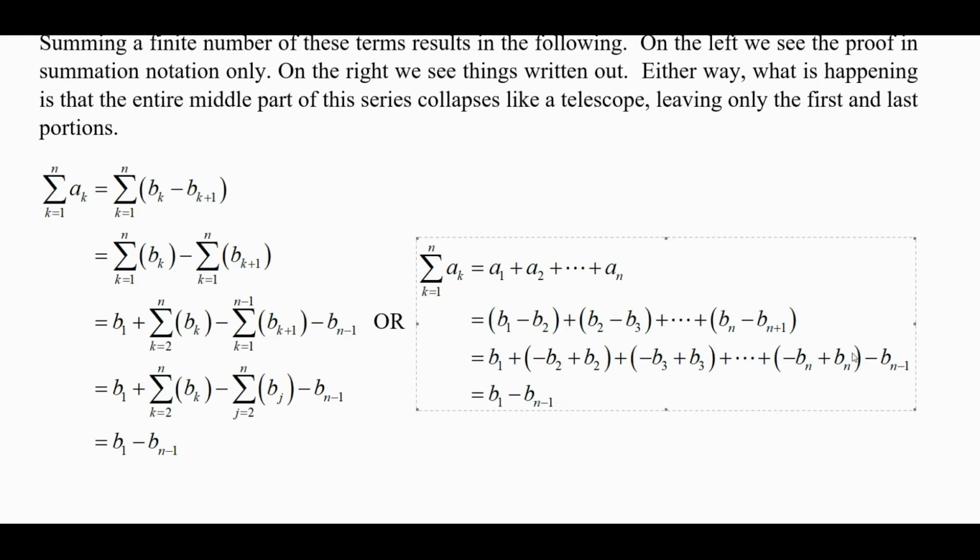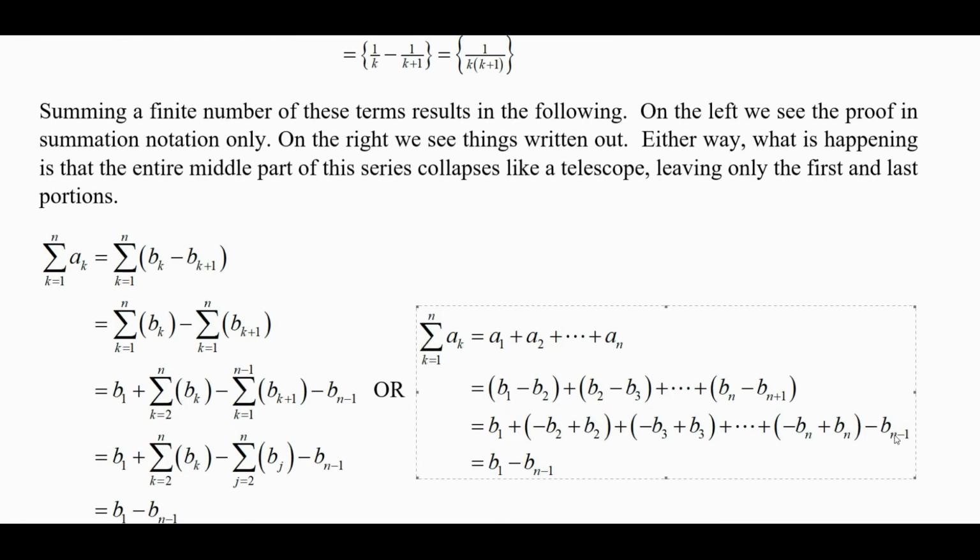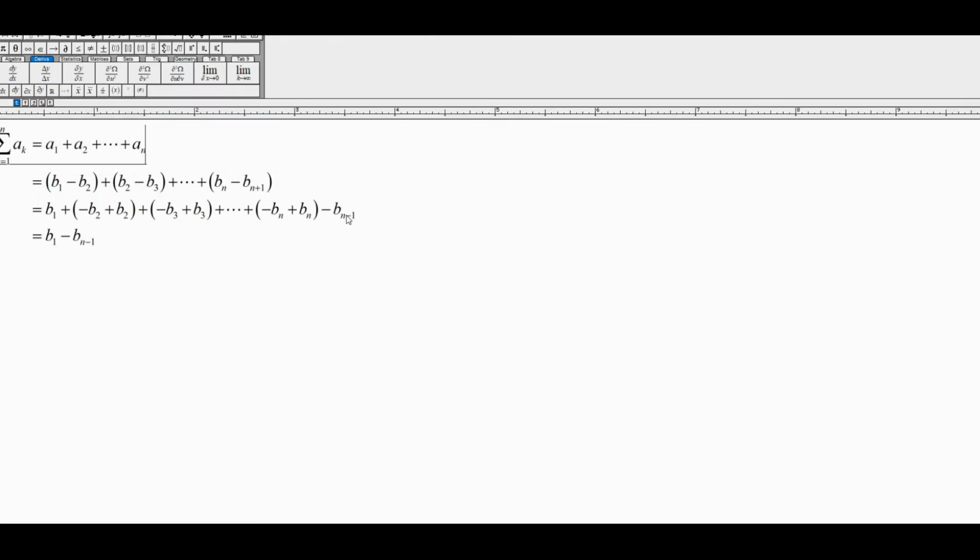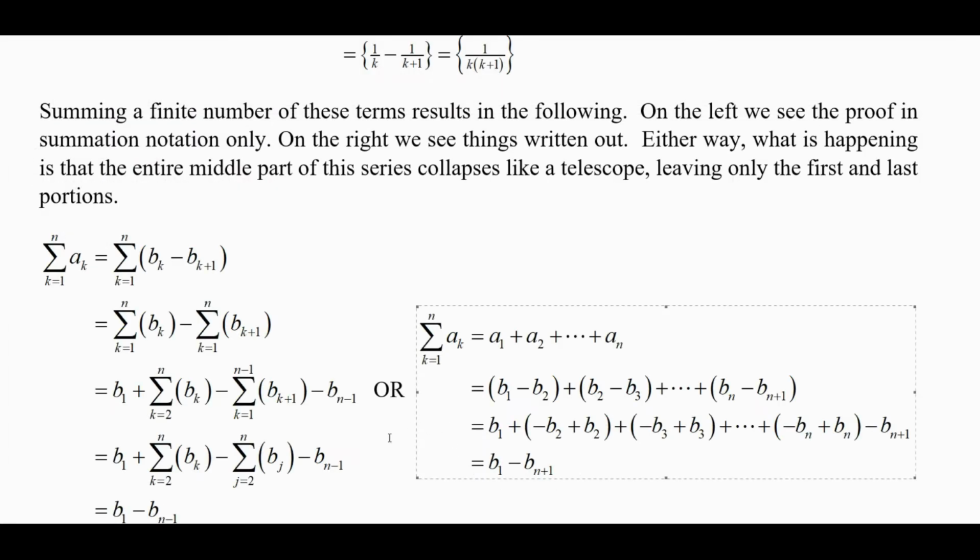And like a telescope, this thing with lots of terms collapses down to where you really just have the two ends remaining, b1 minus b sub n plus 1. That should say n plus 1, not n minus 1. It should say that over here too.